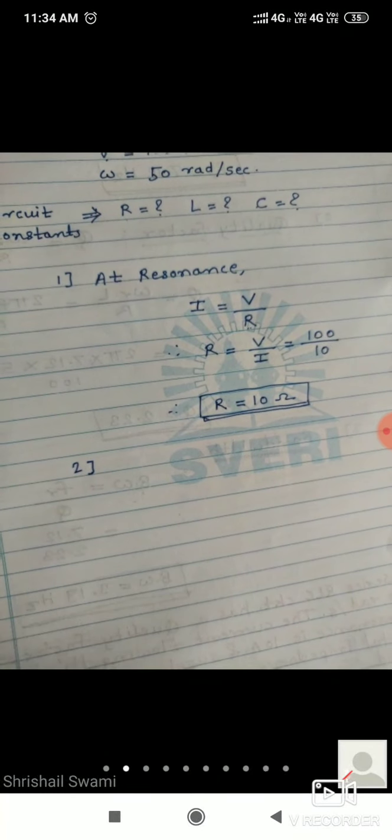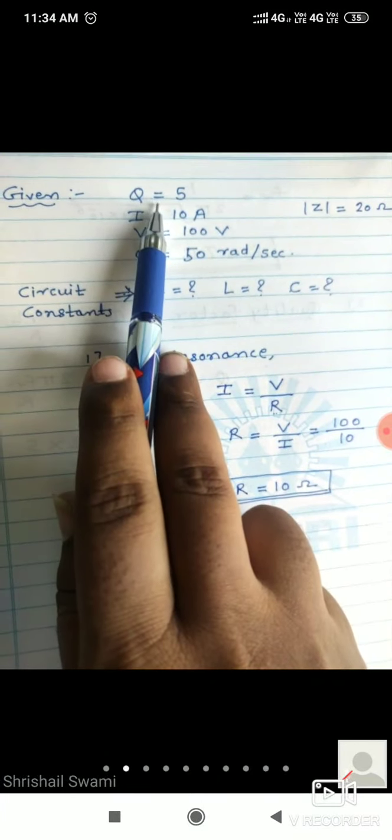Now next, second point. Quality factor is given. You got the value of R. Omega is given. So can you find out inductor or capacitor? You have the equation now. The quality factor Q is, what is the expression?